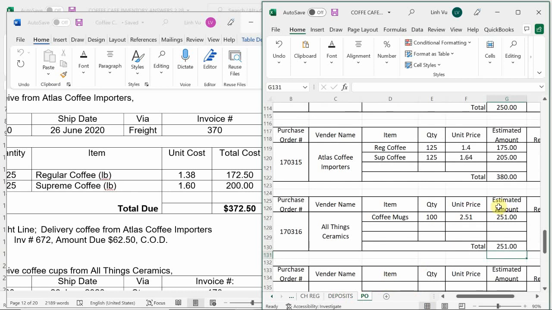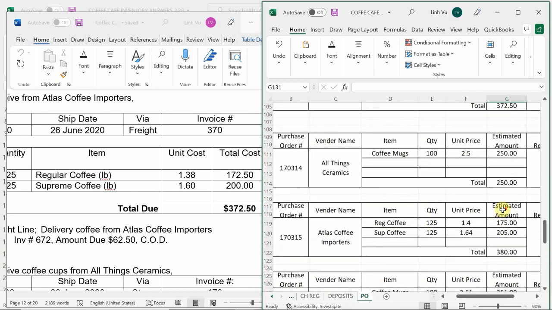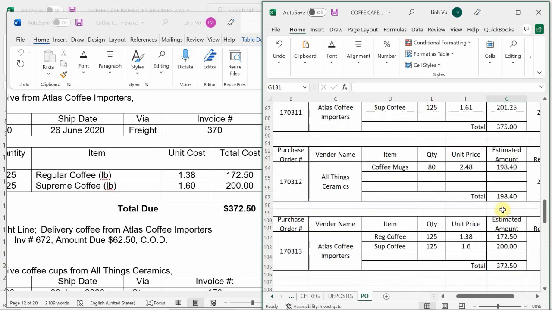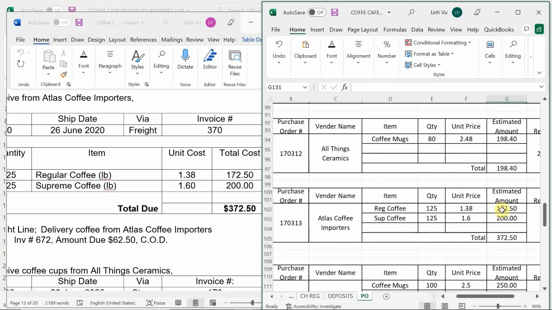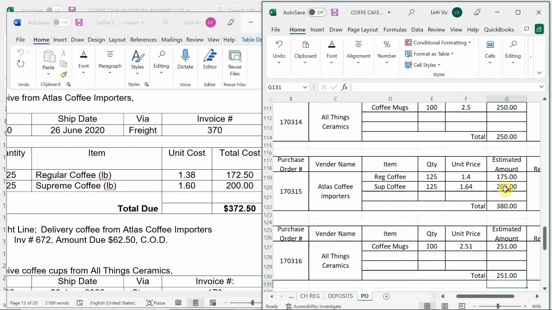As you can see, we have 4 purchase orders right now for Atlas Coffee. You have the 172.50, and the other one is for 380.